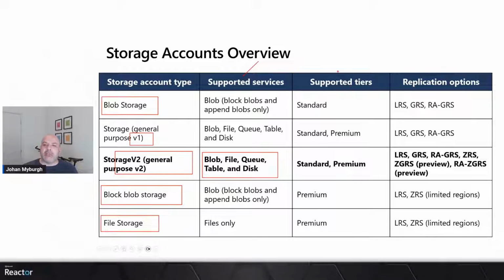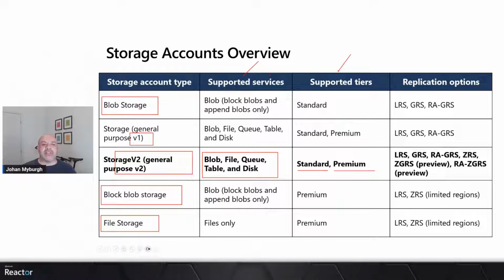You'll also notice that we've got some supported tiers, and for supported tiers, we're essentially talking about the type of disk that we are using, right? Premium typically refers to an SSD type disk, a very fast type disk, whereas standard typically might also be an SSD disk, or a magnetic disk or something like that, but it might give you a little bit lower performance than the premium option.